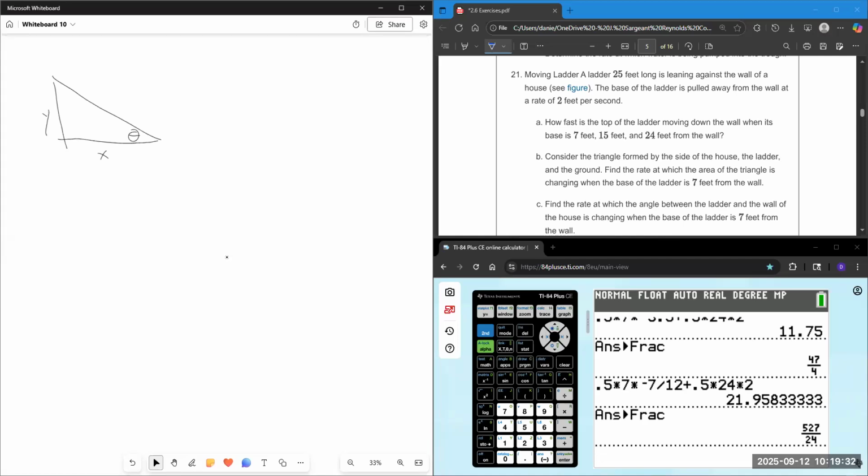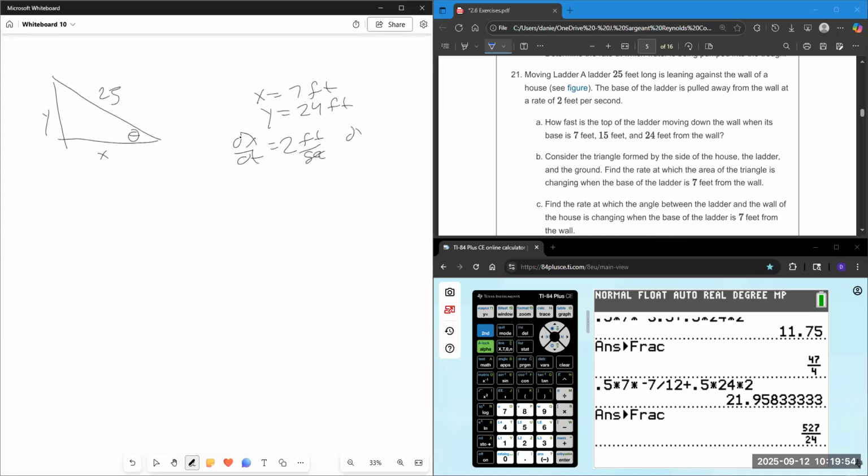So we again are going to talk about when the ladder is 7 feet away from the wall. So x is 7 feet away from the wall. We know that that makes this 24 feet if we need it. And we know that in this case, dx/dt was 2 feet per second.